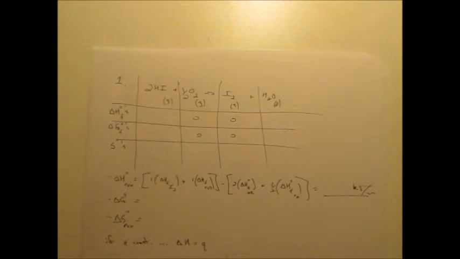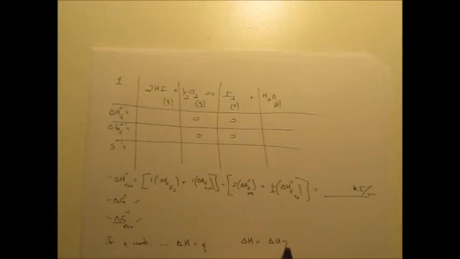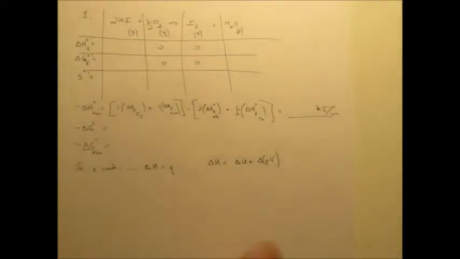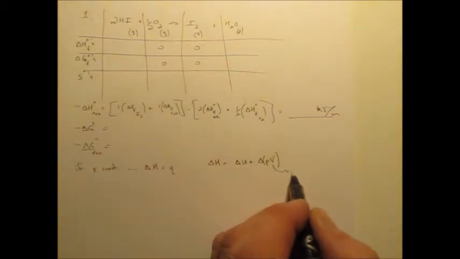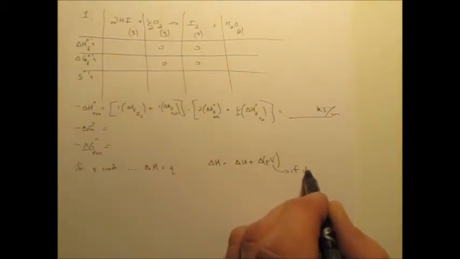Well, we know that by definition delta H is equal to delta U plus delta PV. So one of the things we did was talk about how, unless we're told otherwise, it's always an ideal gas.